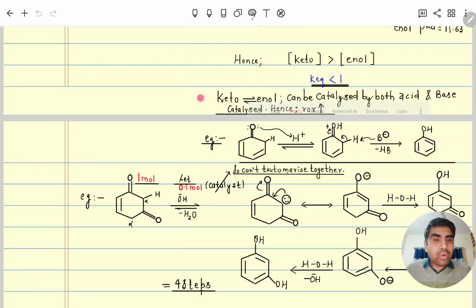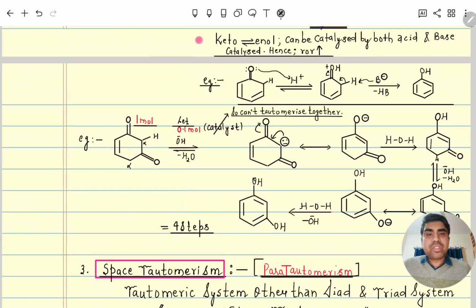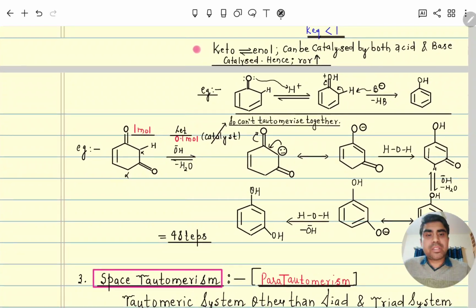So here it will form OH plus, and since this oxygen has a positive charge, this bond will break, and at the same time the conjugate base of this acid H plus will abstract the alpha hydrogen. As it abstracts the alpha hydrogen, here is negative, so this negative will polarize this bond and overall we will get here the enol. Clear? Like this it happens in acidic medium, it gets catalyzed and then the reaction happens.